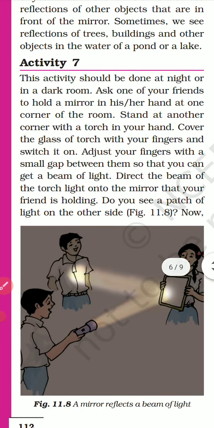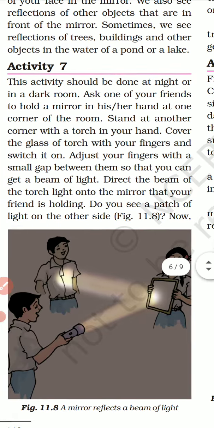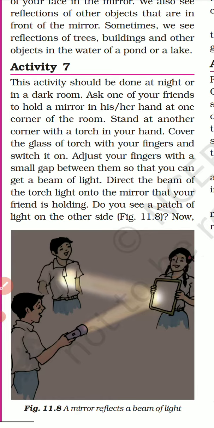Now activity number 7. This activity should be done at night or in a dark room. So ask your friend, okay, to hold a mirror in his or her hand at one corner of the room. Stand at another corner with the torch in your hand. Okay, cover the glass of the torch with your finger and switch it on.